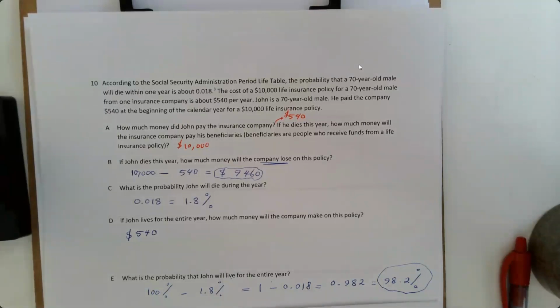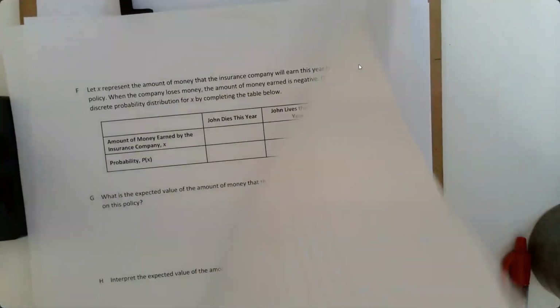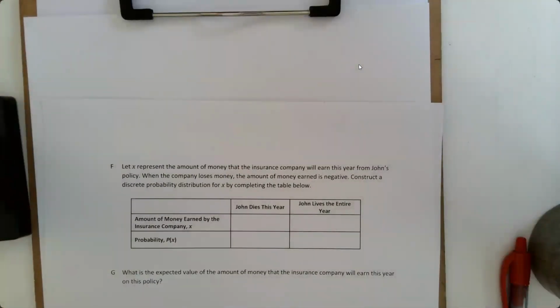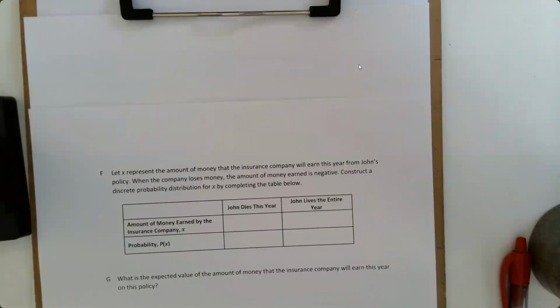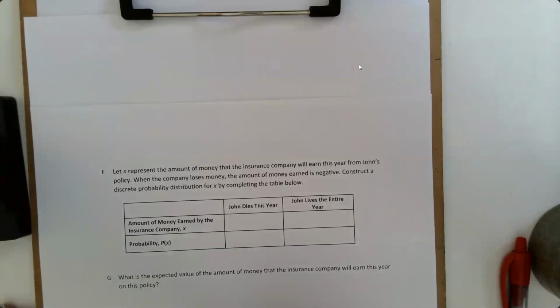Now I expect you to ask, what is the expected value? Based on the policy, what is the expected value? In this case, we're going to construct our table and try to answer these questions.